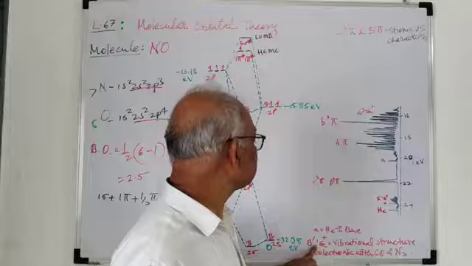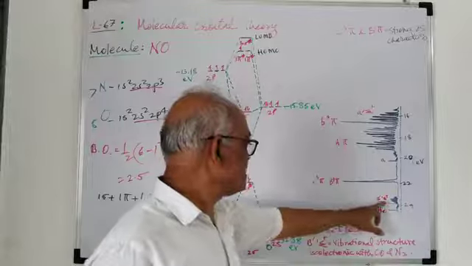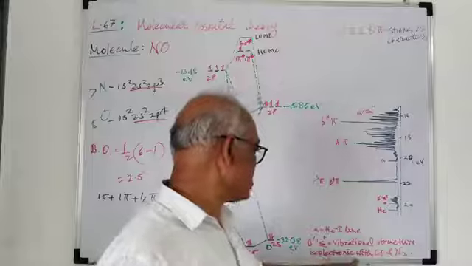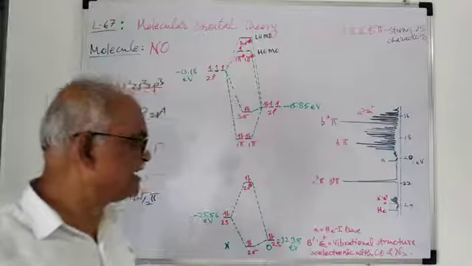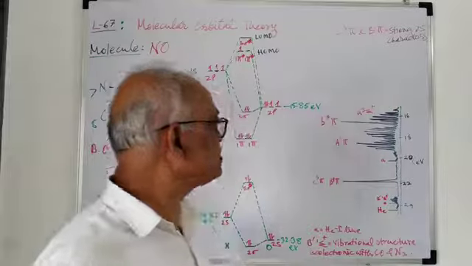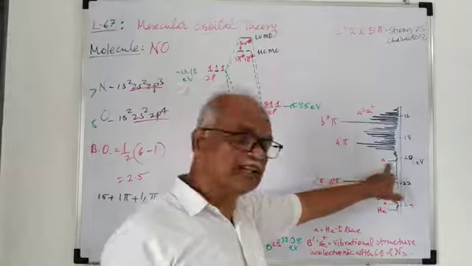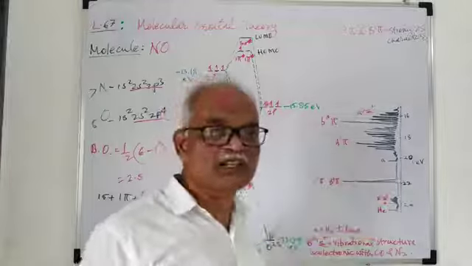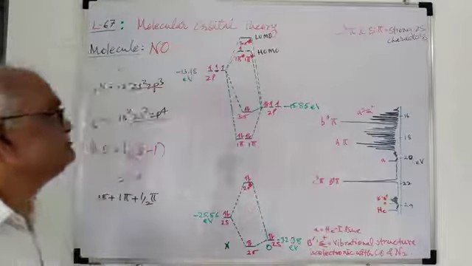Here you will find that this B prime 1 sigma plus is one Rydberg structure isoelectronic with carbon monoxide and nitrogen.